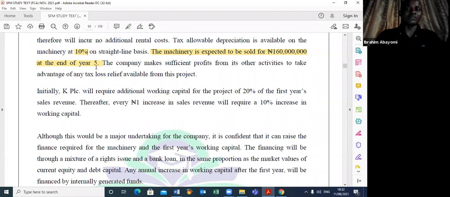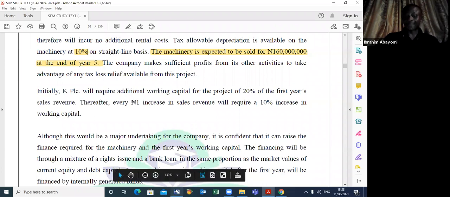If the question did not give me the rate of capital allowance, that is when I would have said cost minus residual value over number of years. But the moment the question gives you a percentage capital allowance, and tells you it is on straight line, please don't go and do cost minus residual value. Just pick this 10% and multiply by the cost of the machine, which is 480 million, right? Just pick the 10% and multiply by the 480 million naira. That is your capital allowance.